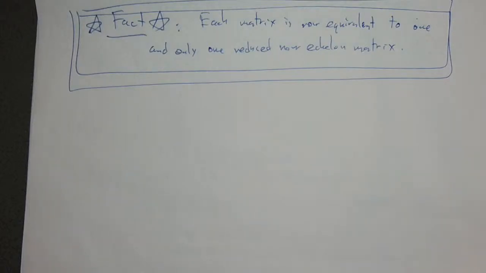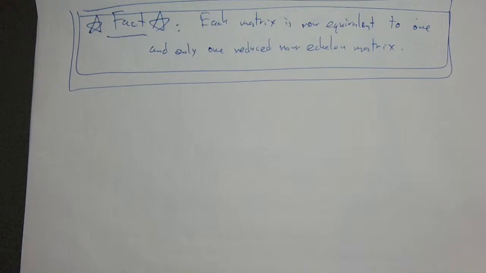So if you have a matrix, say an augmented matrix associated to a linear system, and you apply the row reduction algorithm to it, what that means is that by the time you get to reduced row echelon form, that form, no matter how you got there, maybe you weren't totally efficient in the steps that you took, you are going to end up with the same thing as anyone else that got to reduced row echelon form through any other means.